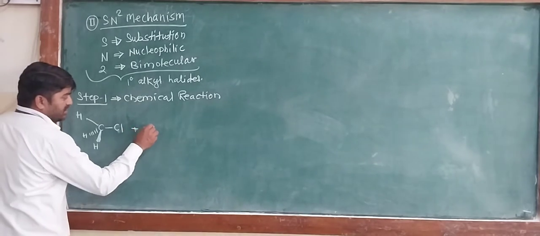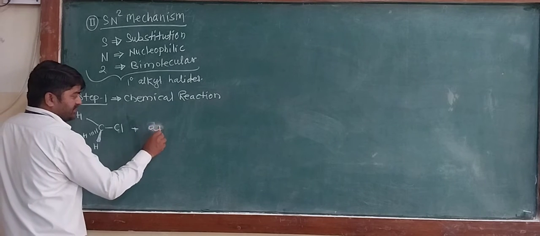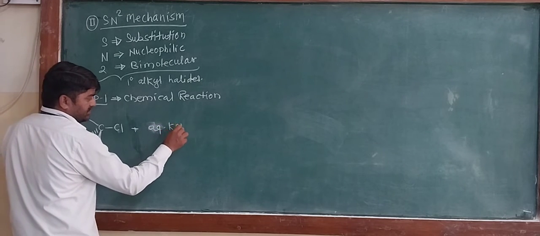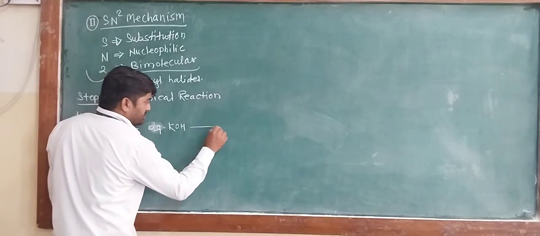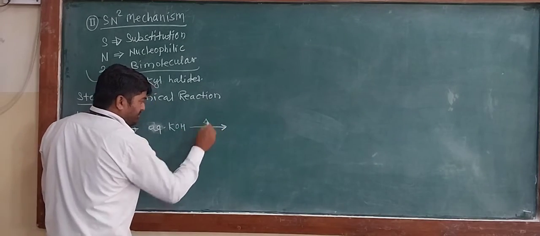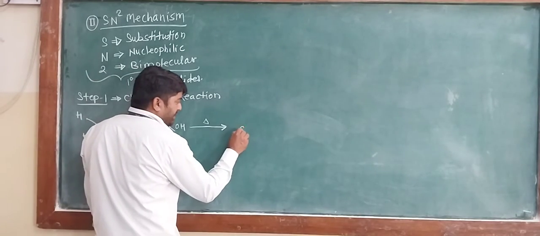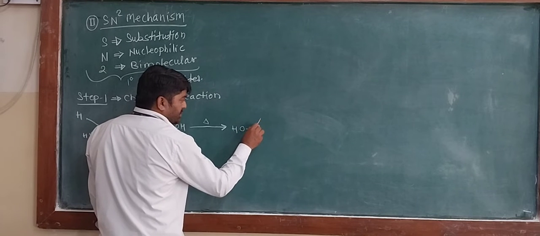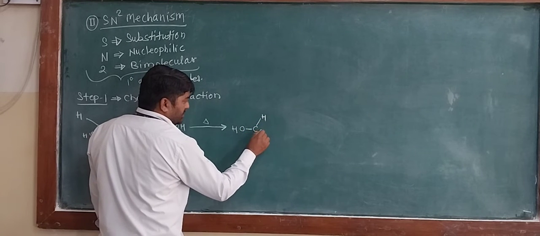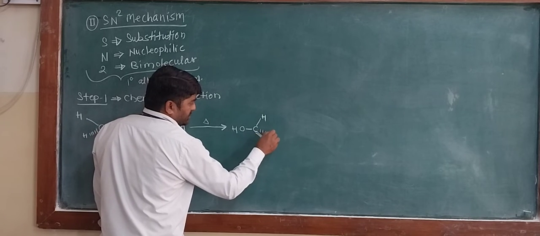When treated with aqueous KOH, the nucleophile is the OH minus ion. So there is a nucleophilic substitution reaction which involves 100% backside attack. So OH, carbon, then hydrogen, hydrogen and hydrogen.